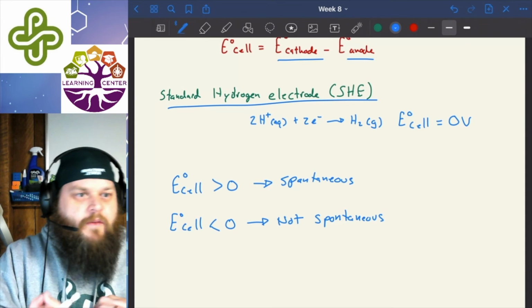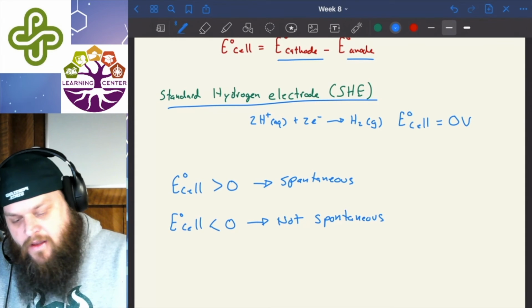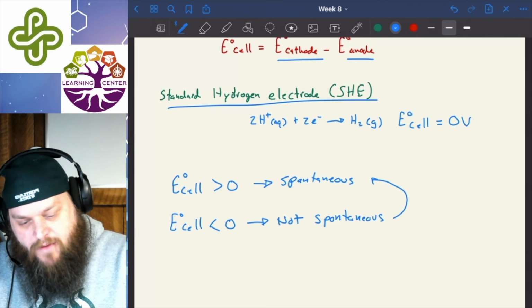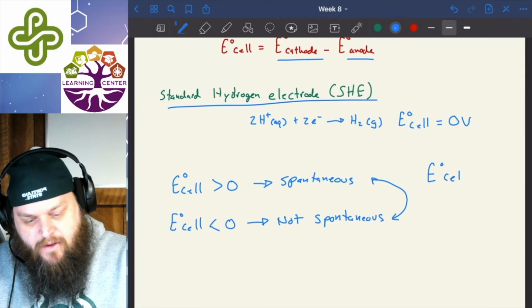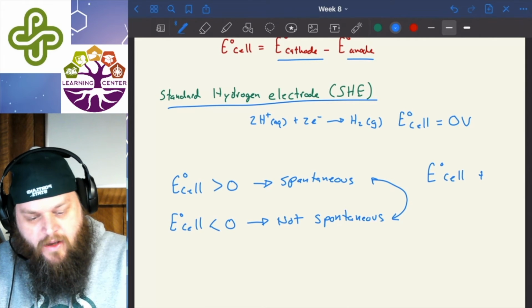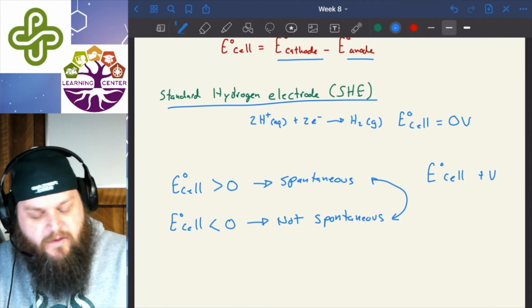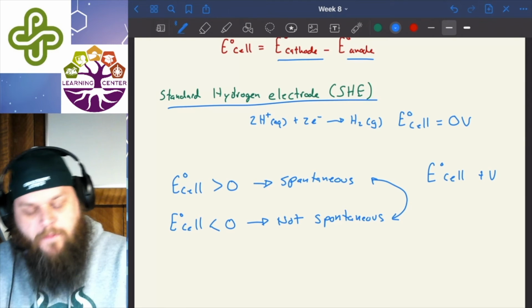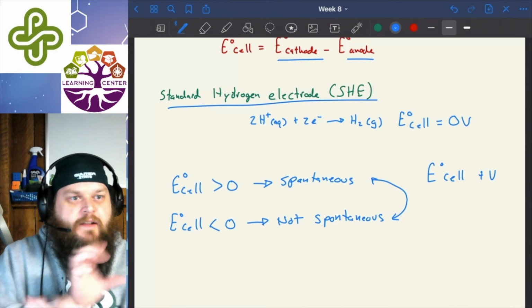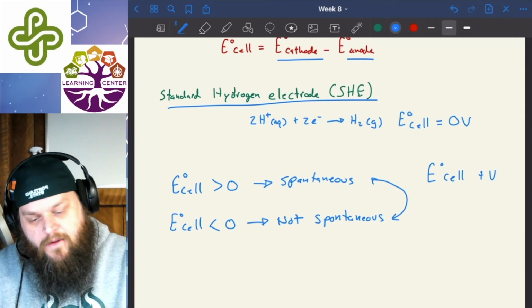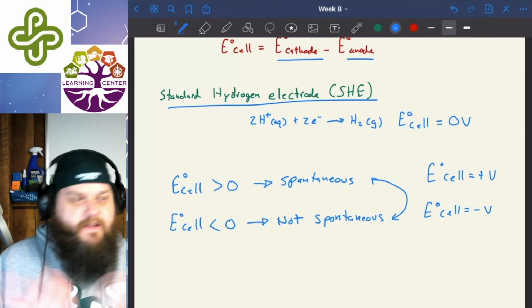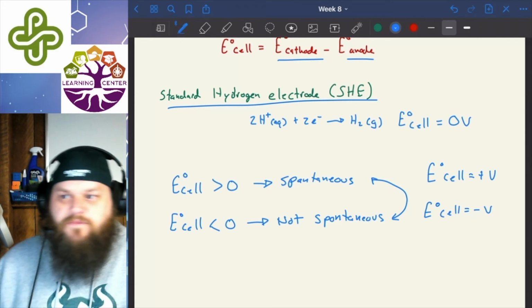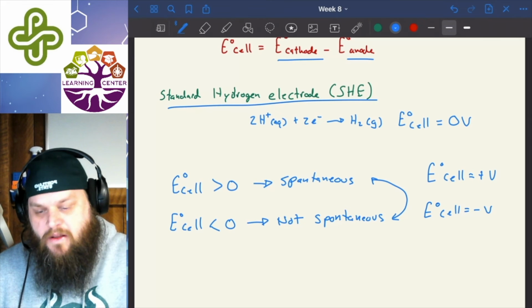So we can flip the whole reaction around, and we can see that these two have a relationship where if I know E cell is some positive voltage, and I flip that reaction around, making the products the reactants and the reactants the products, then the non-spontaneous cell would be the same voltage, just as a negative value. And we'll go through some examples of that as well.